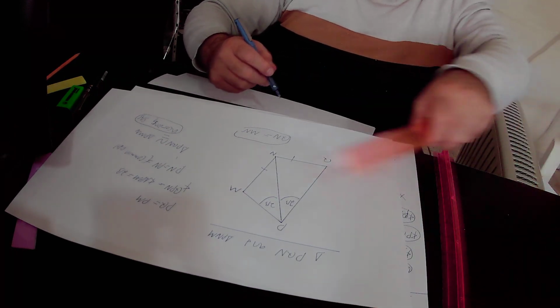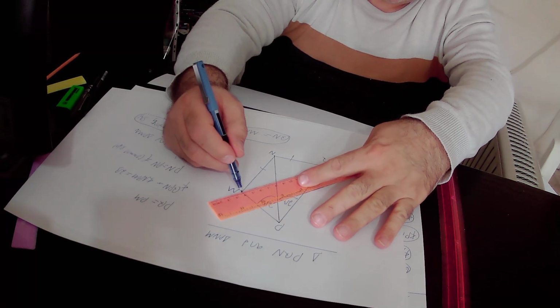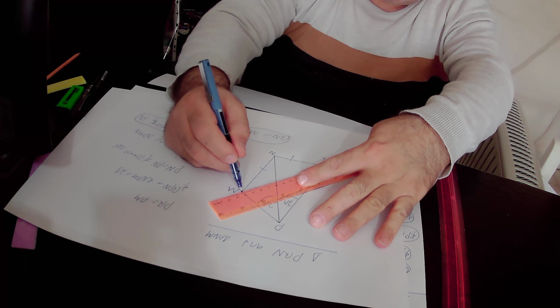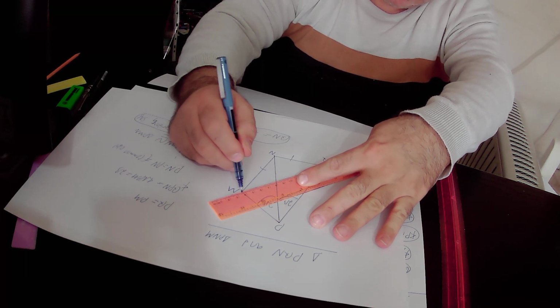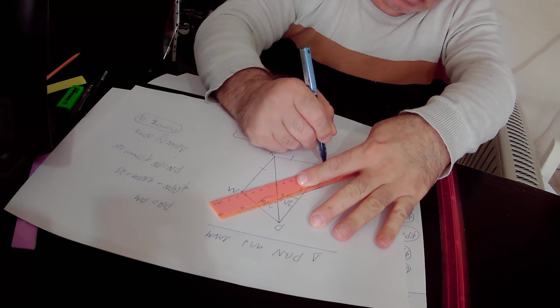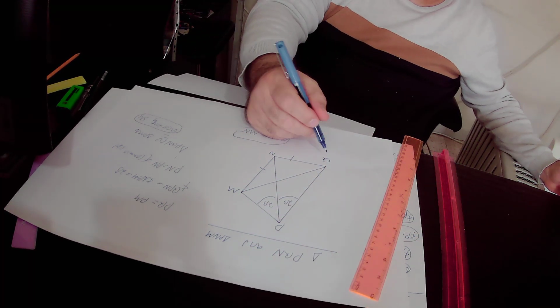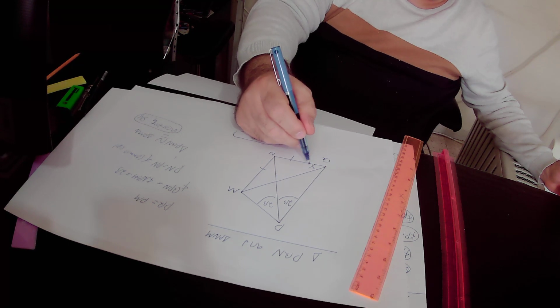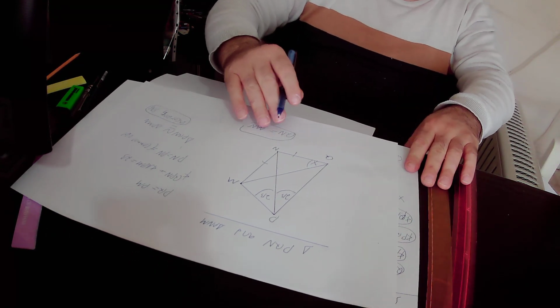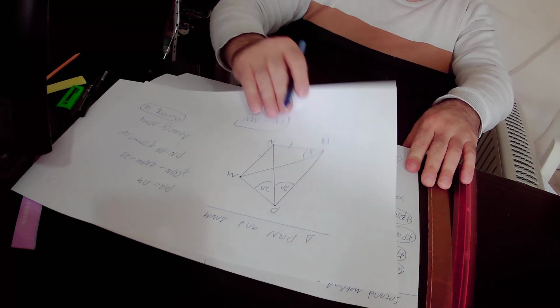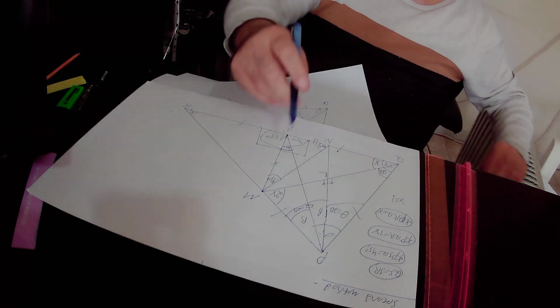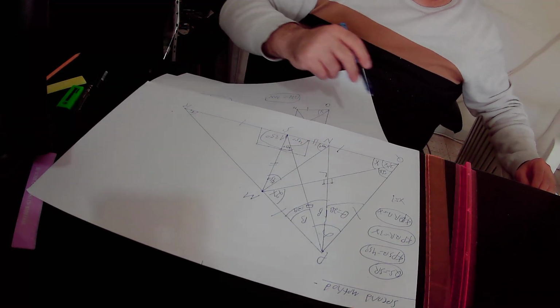If we join points Q and M together by a straight line, this angle, angle MQN, equals x.